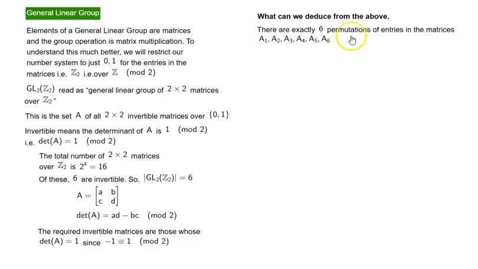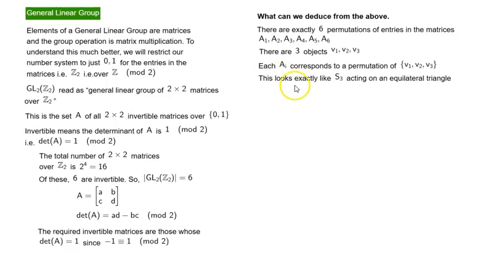Now, what can we deduce from the above? There are exactly 6 permutations of entries in the matrices A1 to A6. There are 3 objects V1, V2, V3. Each Ai corresponds to a permutation of V1, V2, V3. Now, if you think back, this looks exactly like S3 acting on an equilateral triangle.